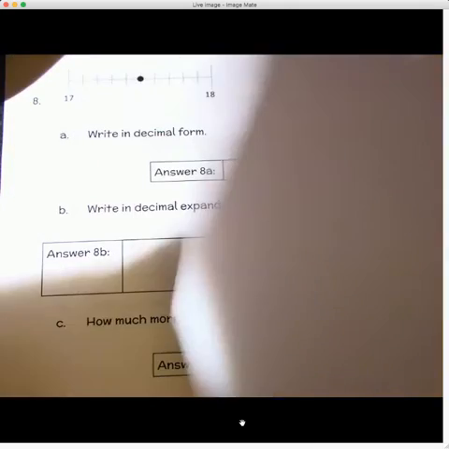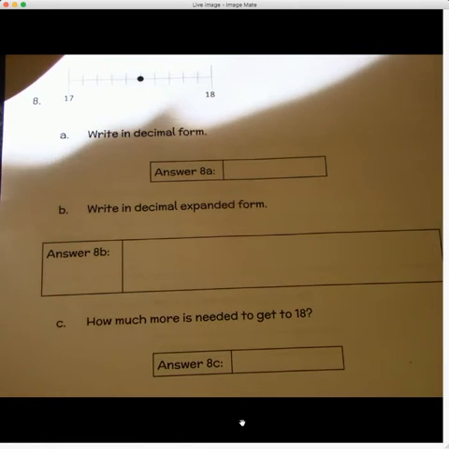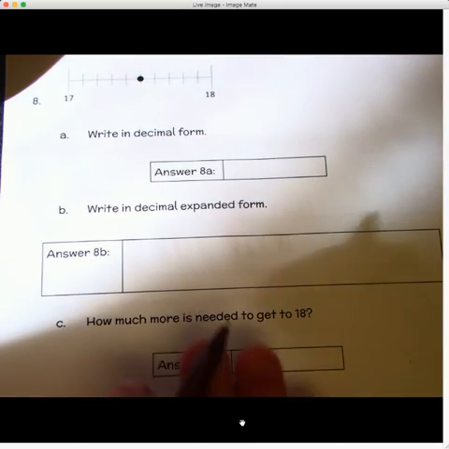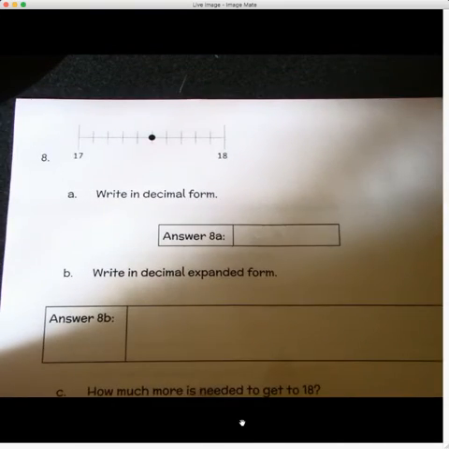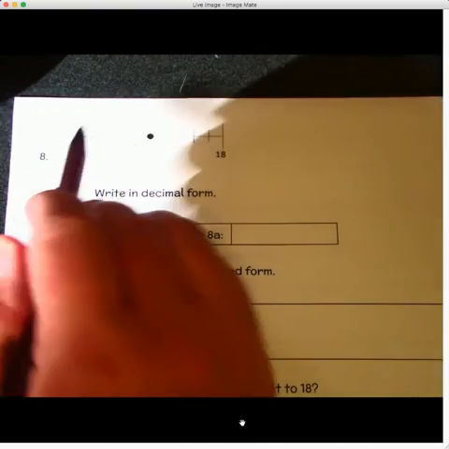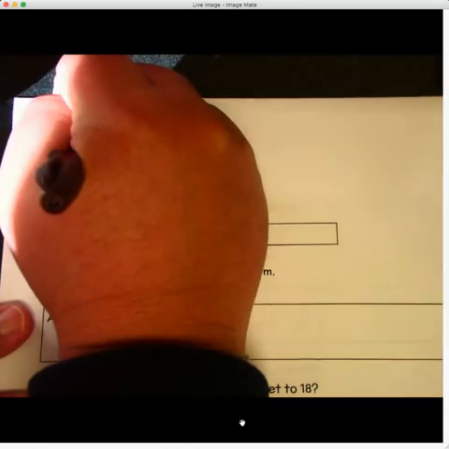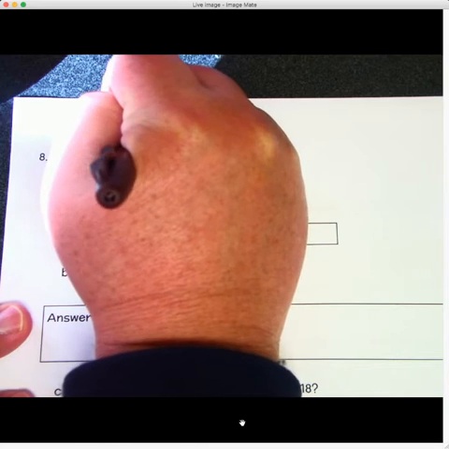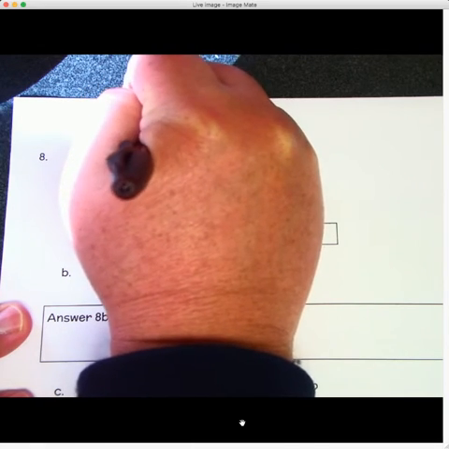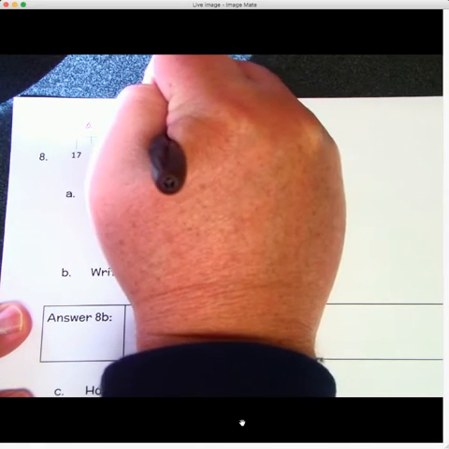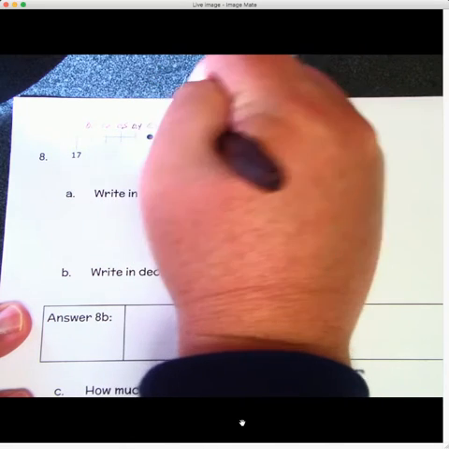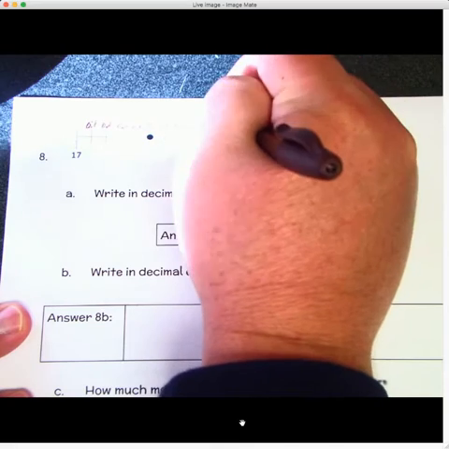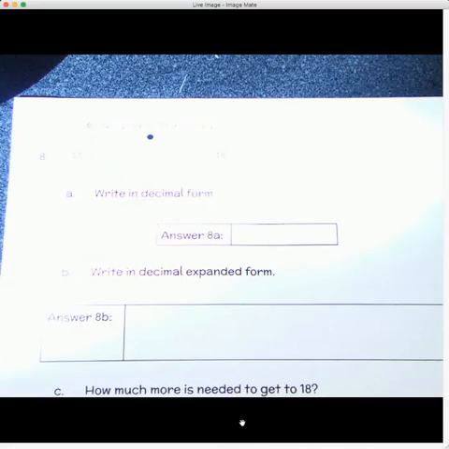All right, another one, except this time we've got a number line. So when you get one with a number line, remember every little mark equals a tenth. So 0.1, 0.2, 0.3, 0.4, 0.5, 5/10, 6/10, 7/10, 8/10, 9/10, and then 10/10 would be the next whole one, wouldn't it?